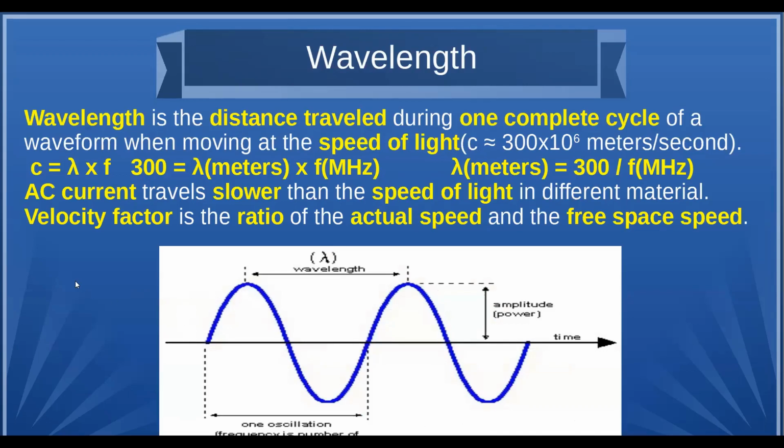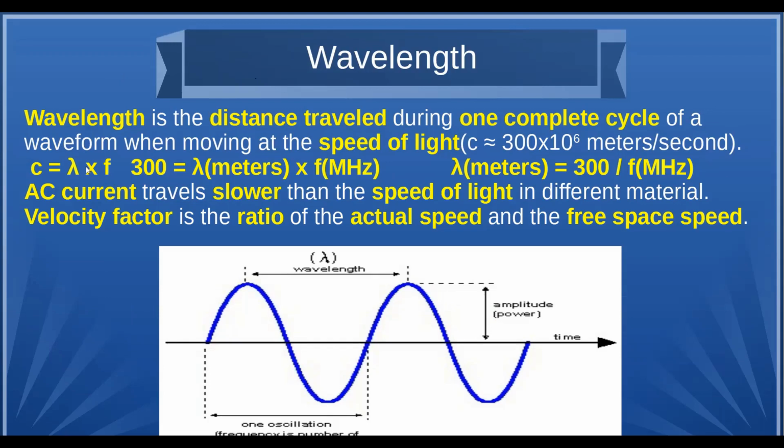Okay, so the next thing we look at is wavelength. If we've got a waveform traveling through what we call free space, it can travel at the speed of light. So we define the wavelength as how far it travels, in some unit of distance, usually meters, in one complete cycle. We represent that with the symbol lambda for wavelength.